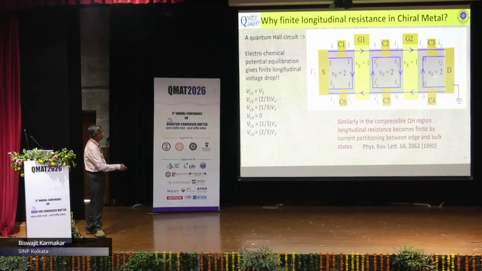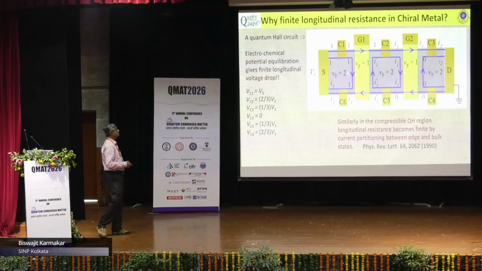So in the bulk there is no dissipation, it only happens because of electrochemical potential equilibration at the contact. We see these are the list of voltages. From that we can easily calculate the longitudinal voltage, the Hall voltage, everything.